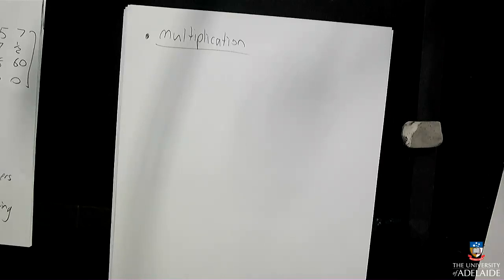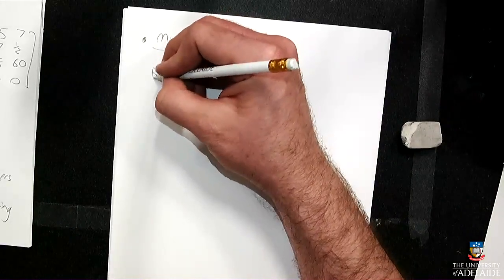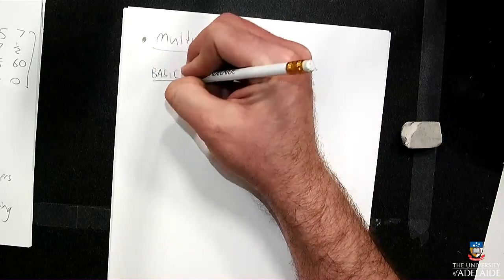So matrix multiplication is quite different to really anything that you would expect. And the fundamental thing it's based on is that a row times a column produces a single number. Okay? So this is the basic idea.